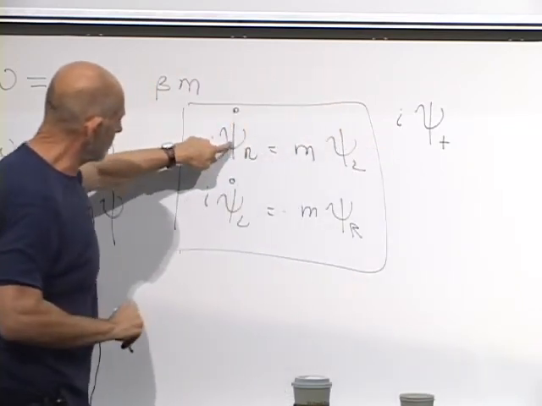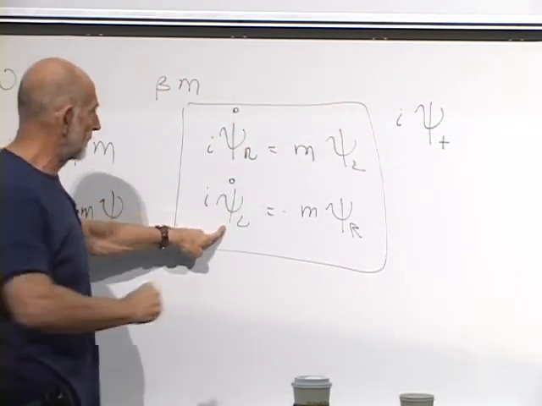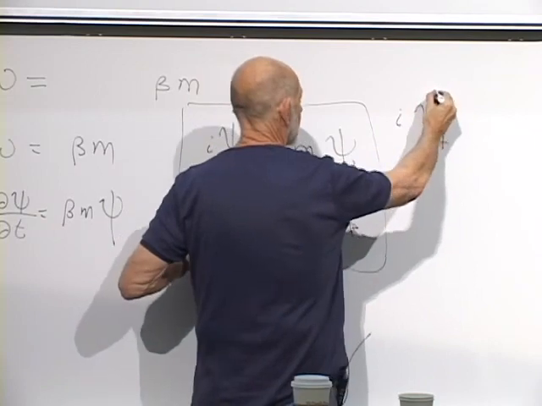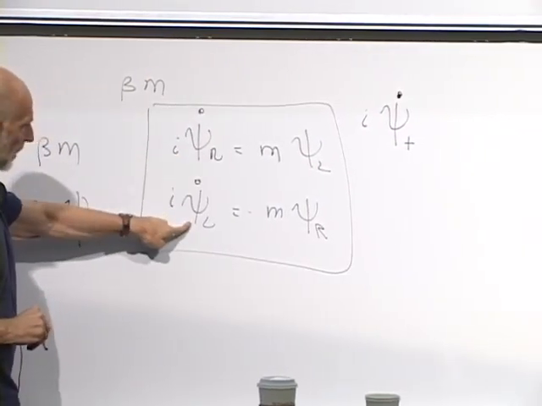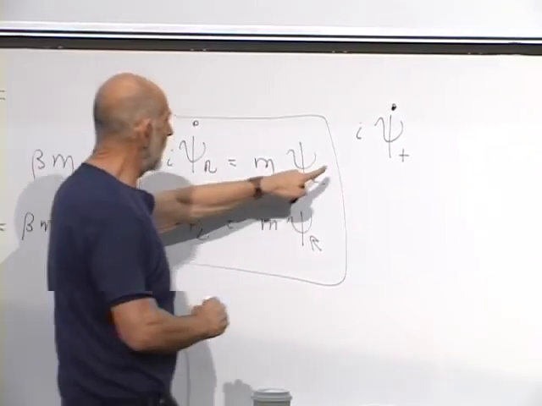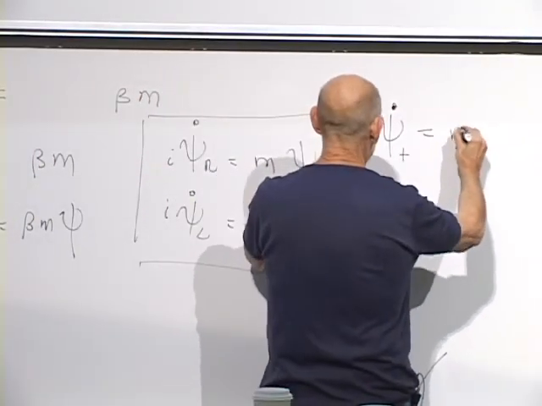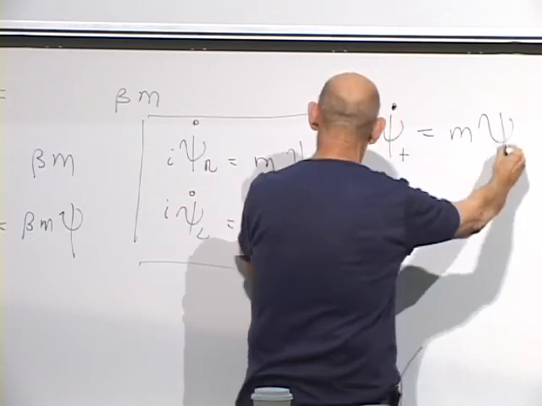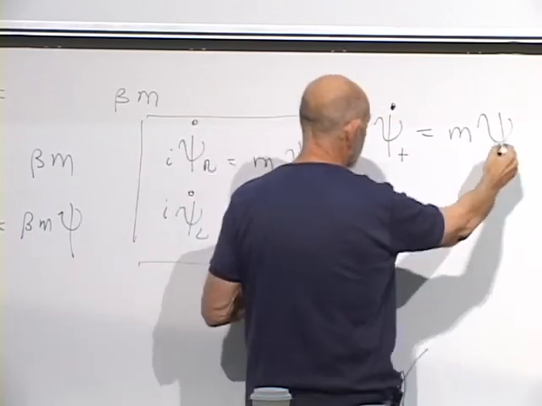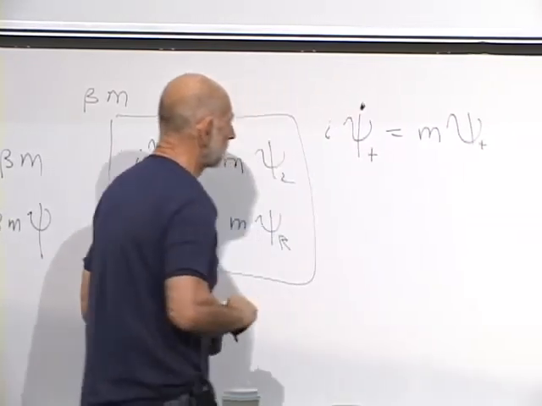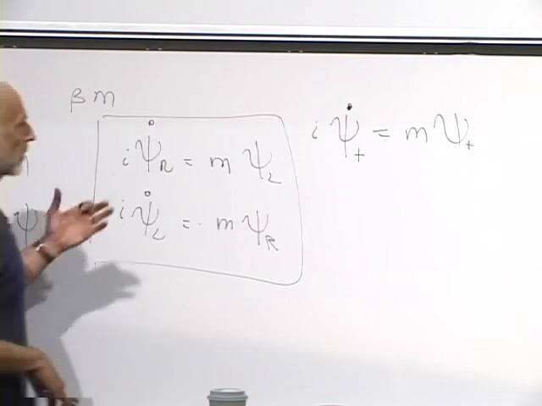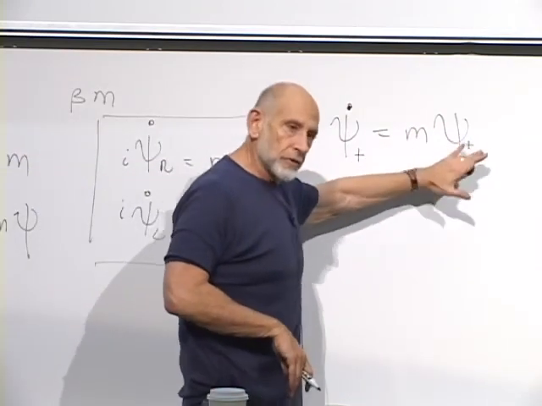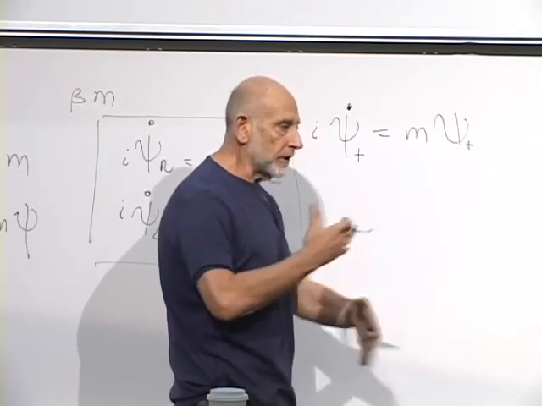Psi plus means psi right plus psi left. When we add them, I times psi right plus psi left dot is equal to m times psi left plus psi right, which is just psi plus. We now have an equation for an object which is decoupled, just one equation, not coupled to anything else.